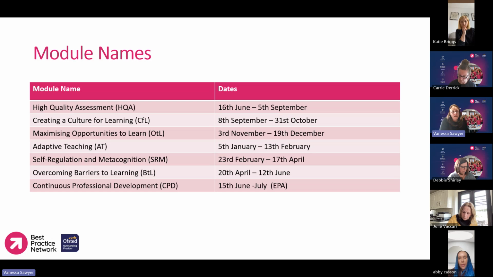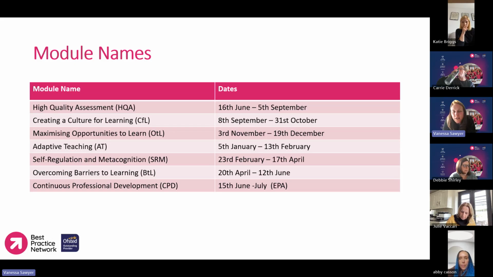Just a really, really useful slide to show you the modules. So we've moved away from numbering the modules as we have done in the past because of the nature of having multiple cohorts. And the challenge when you have multiple cohorts is certainly with our June and our September, they're going to align at a certain point. So we've moved away from numbering.